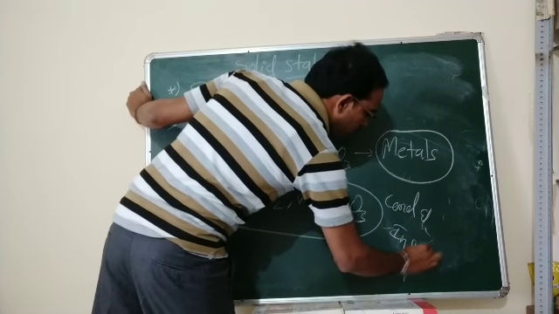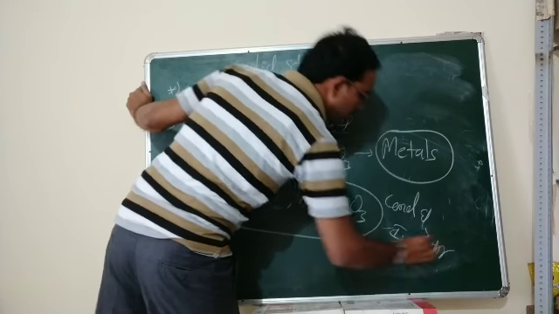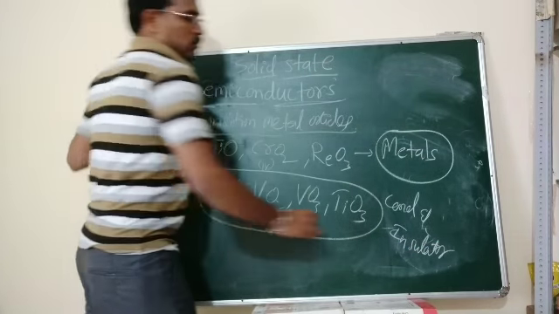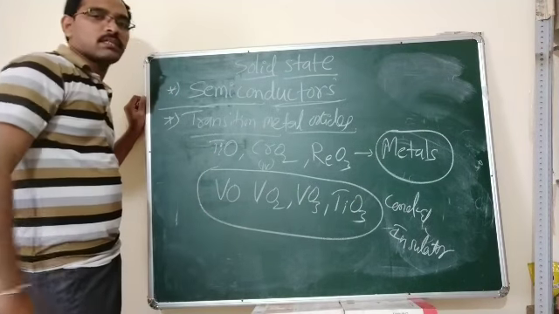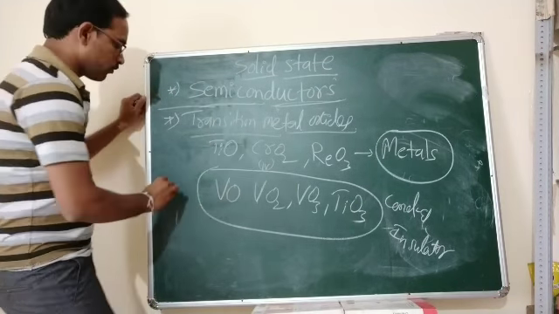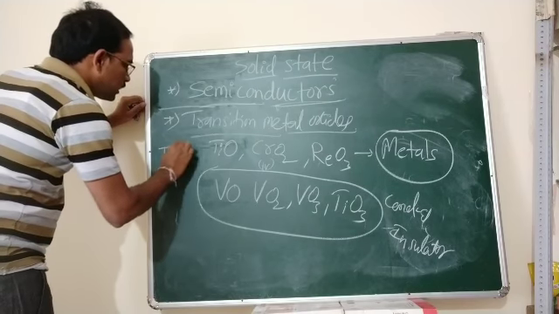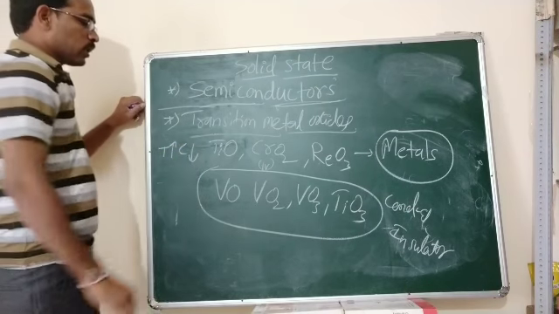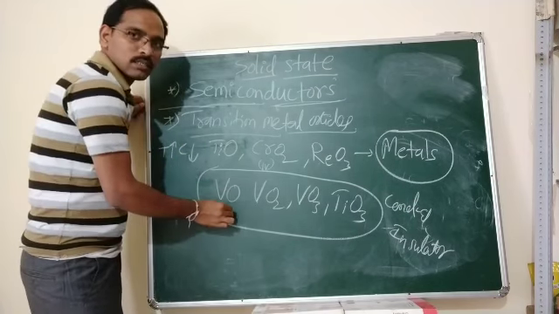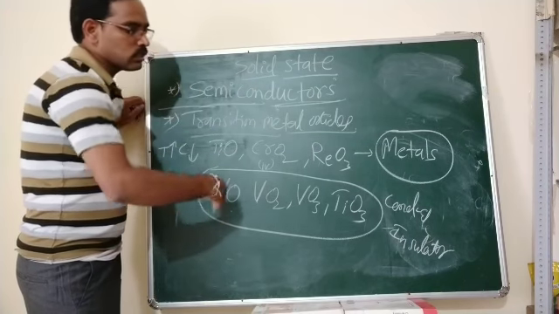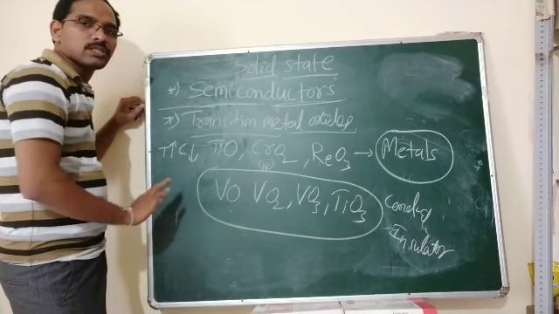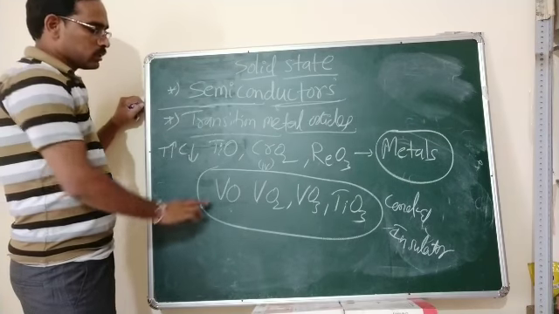How both? We discussed already that for conductors, increasing the temperature decreases the conductivity. So up to a certain temperature these act as conductors, and after a certain temperature they act as insulators also. This is an important point.